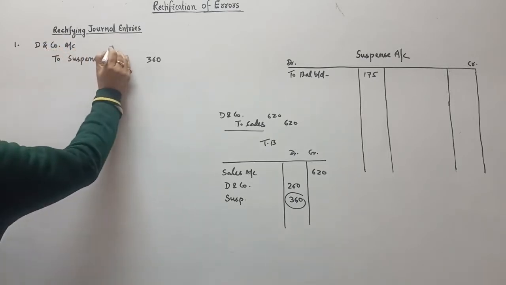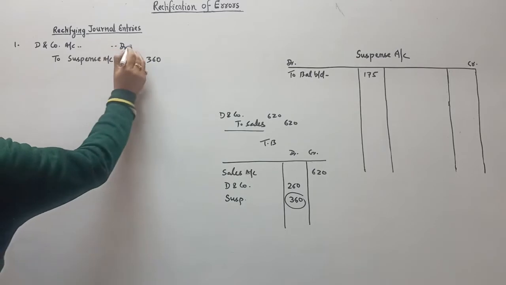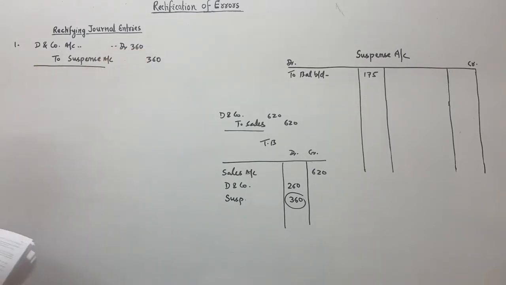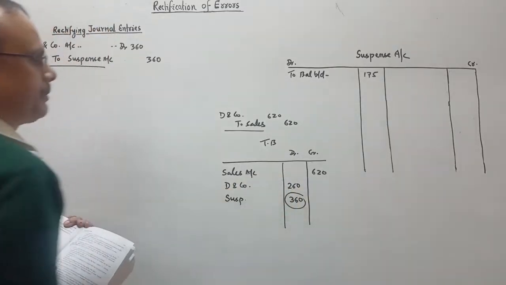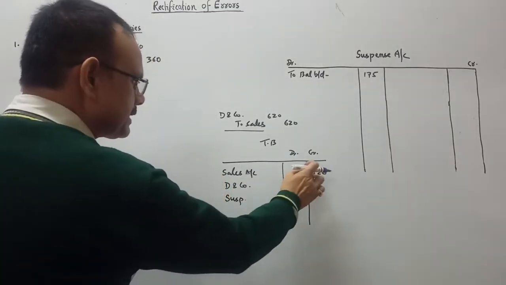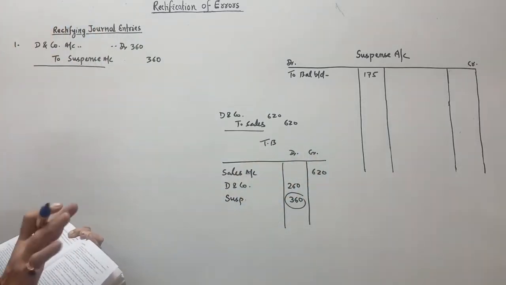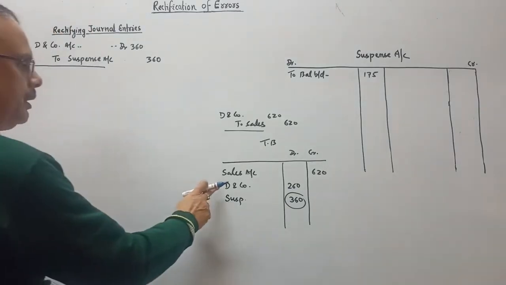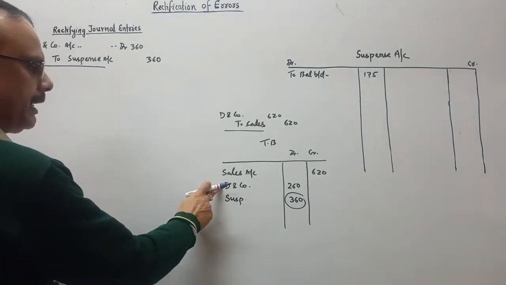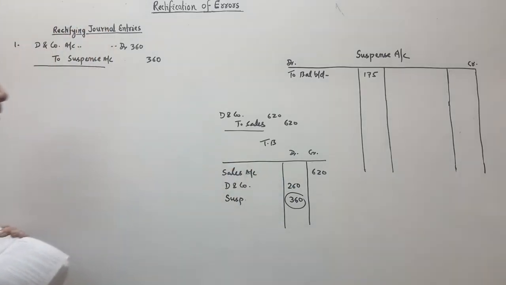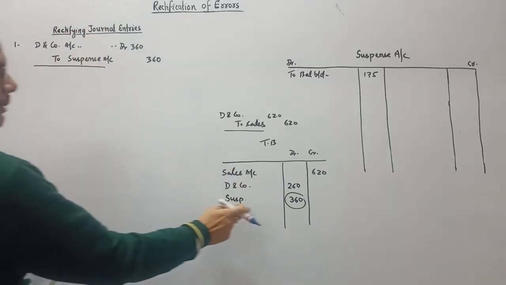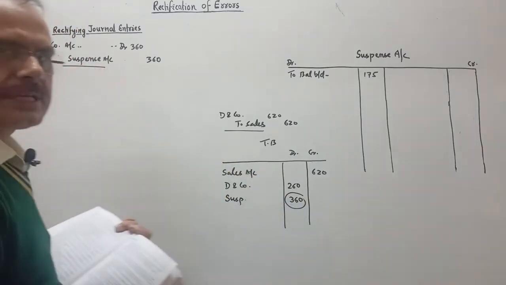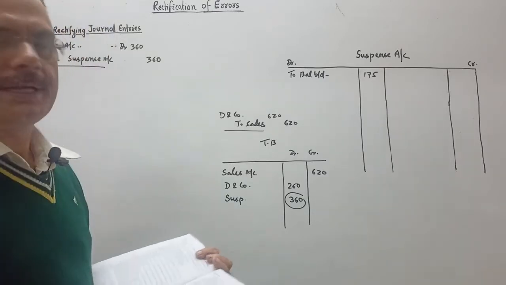D and Company account will be debited by 360 rupees, because here we have written less amount. There is no mistake in the sales. So where there is no mistake, we are not going to touch that area. This is the mistake area, where we have written 360 rupees less. So we have to debit, and because of that the suspense account was opened on the debit side, so we have to cancel the suspense account at the time of rectification.